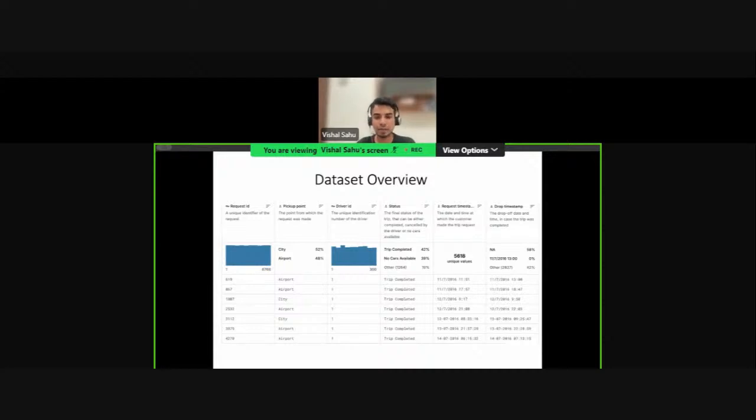Even when you just get to know your data set, you can find out a lot of things from just looking at an overview of it. You can differentiate between how many airport rides there were versus how many city rides, and that could help you decide in the future, based on demand, if there are more airport rides, maybe in that area you need to increase your cars for airport.